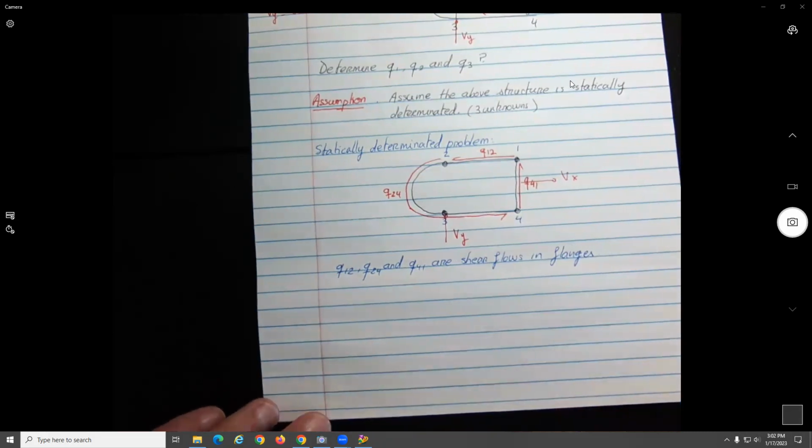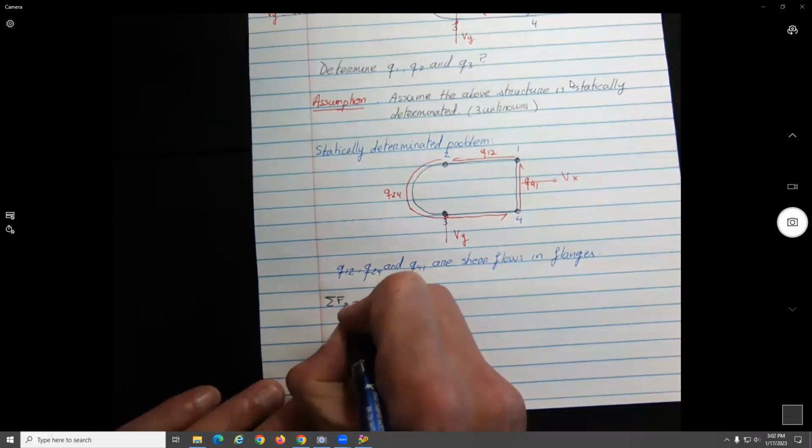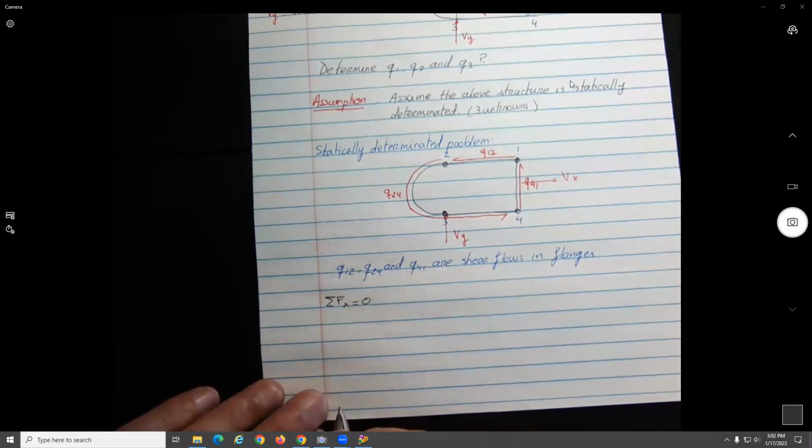So if we look at this full structure here, now we do summation of forces. Let's say on the X.